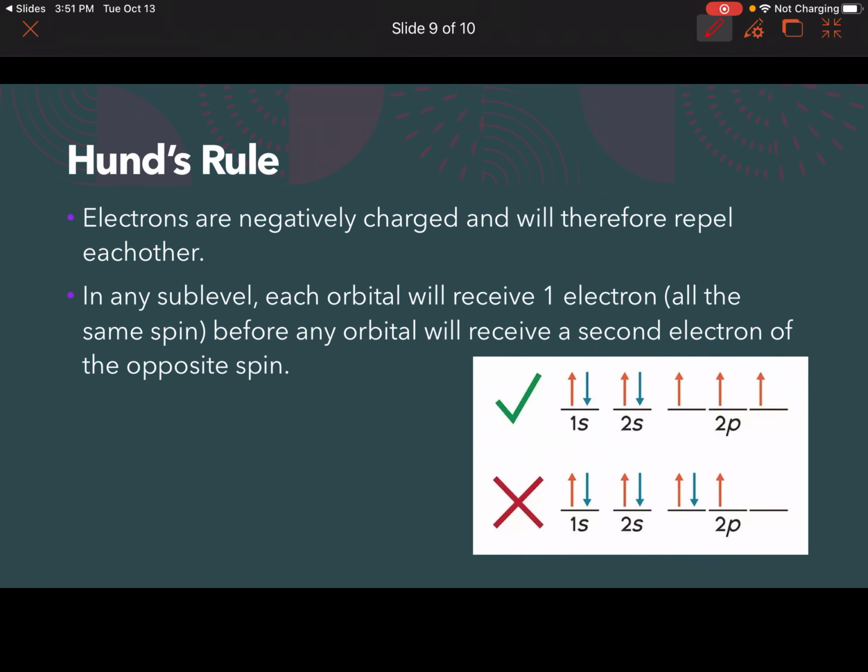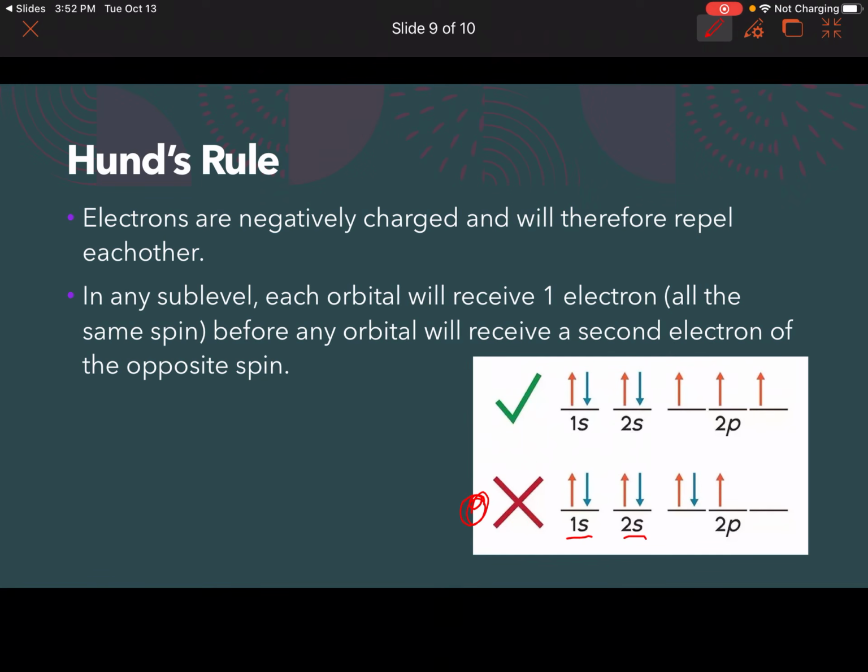Anyways, in any sublevel, each orbital will receive one electron of all the same spin before any orbital will receive a second electron of the opposite spin. I'm going to show you the wrong case first. We've got lowest energy first, so the 1s fills, and then the 2s. And these are going one up, one down, which is good.